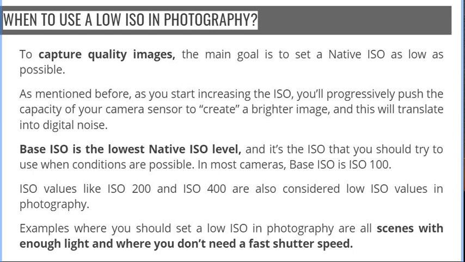Bababaan. Low. Ano ang gagawin mo sa shutter speed mo? Mas mabilis. Right. Kasi maliwanag. So, ganun siya. Kaya sabi niya na the more na bumibilis ang iyong shutter speed, the more na bumababa ang ating ISO.